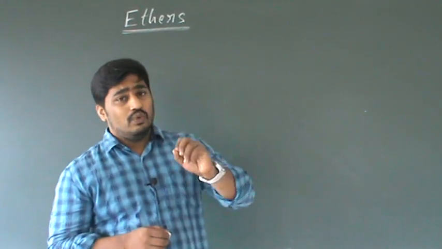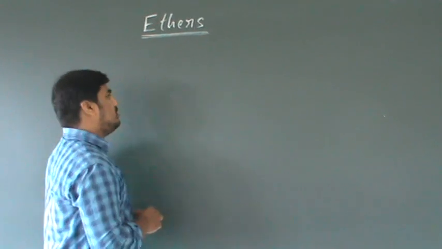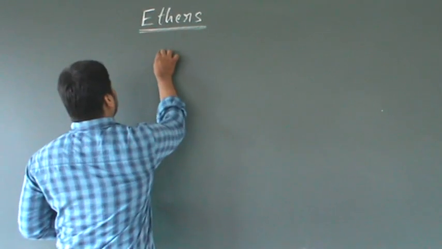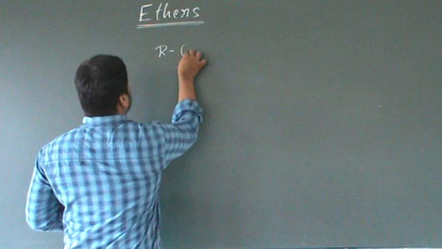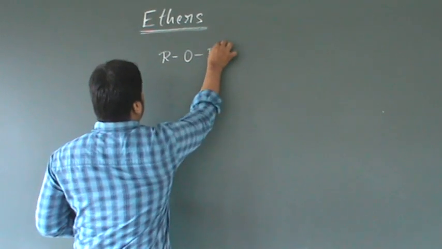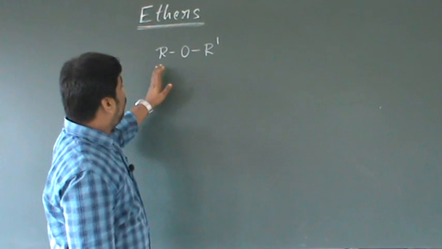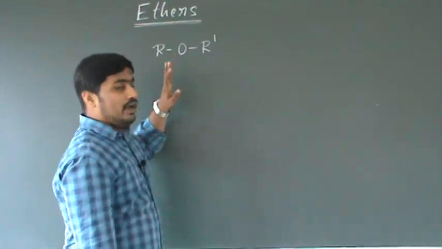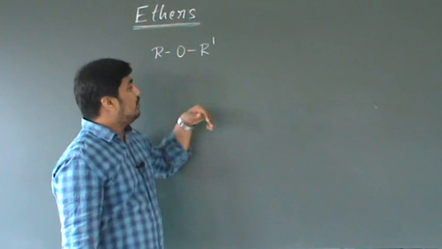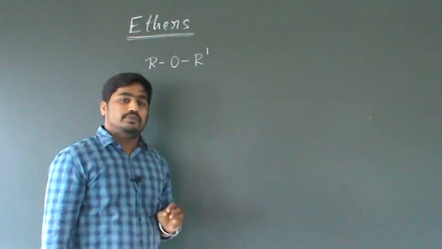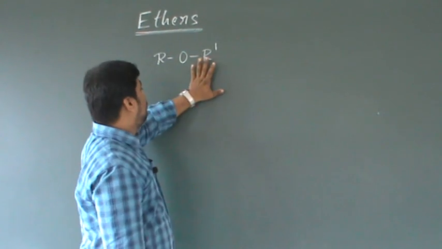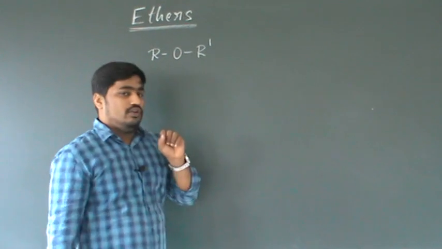First of all, what is ether? Ether is generally denoted as ROR dash. Ethers are represented as ROR dash. This is the general formula of the ether functional group.